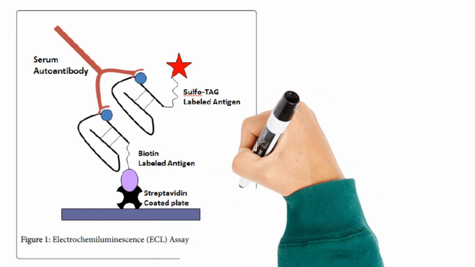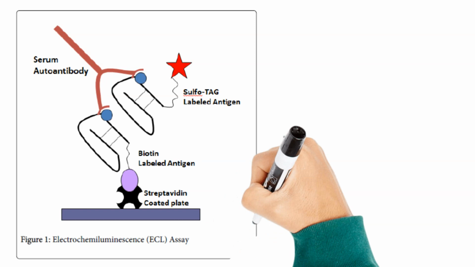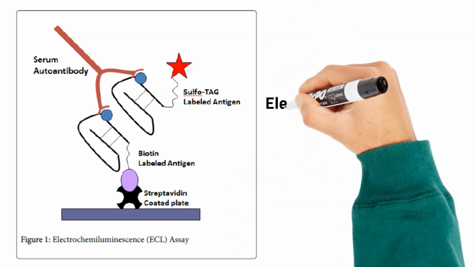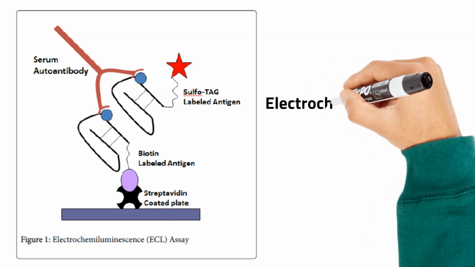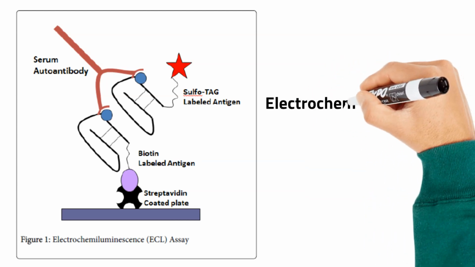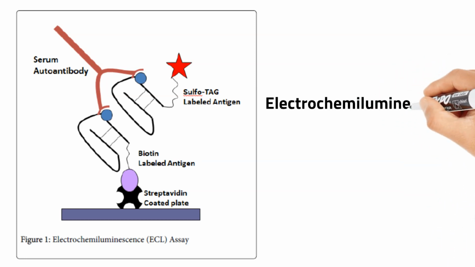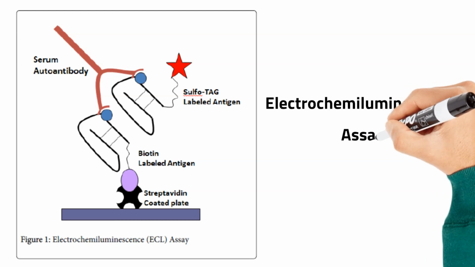The autoantibodies, if present from the sample, will bind to the biotinylated capture antigens with one arm and to the sulfo-tag conjugated detector antigens with the other arm, forming a complex. This is captured on a solid surface by the strong bonds between the biotin and streptavidin molecules. The sulfo tags are electrically excited, which results in the production of light. This is then measured and correlates to the amount of autoantibodies present in the sample.